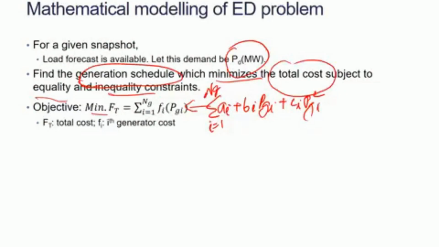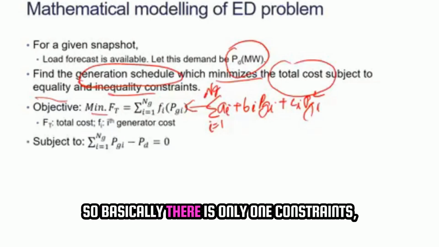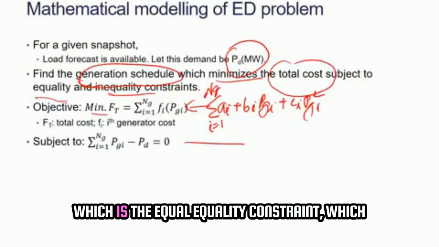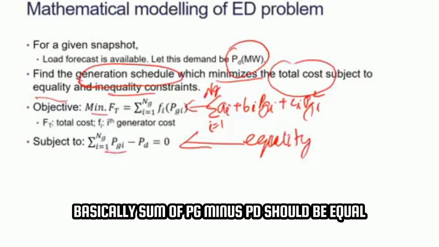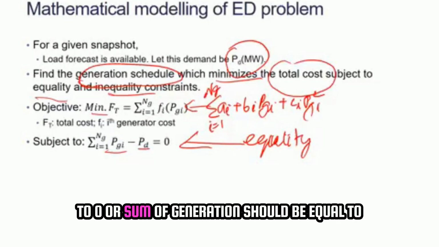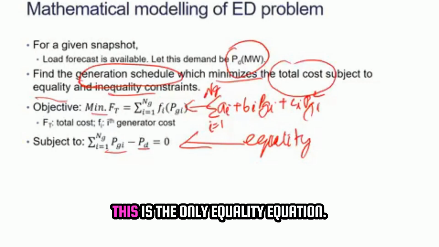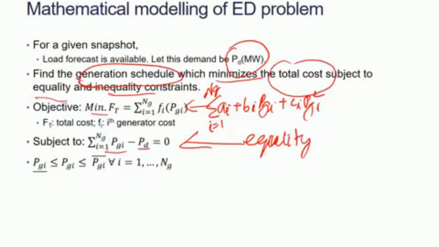Summation i equal to 1 to ng of PGi should be equal to PD. Yes, good. So basically, there is only one equality constraint, which is power balance, which you can say is sum of PG minus PD should be equal to 0, or sum of generation should be equal to demand. This is the only equality equation.